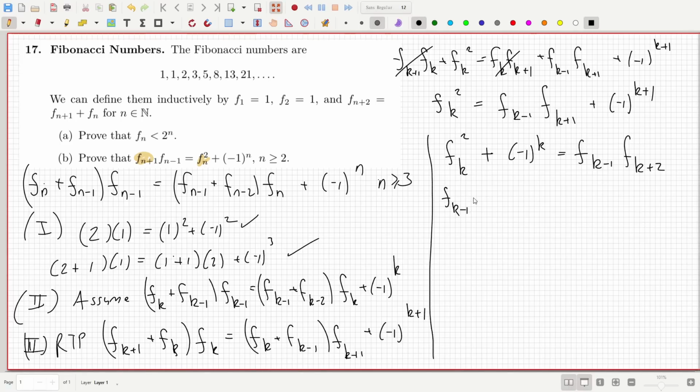Fk minus 1 plus Fk minus 2 times Fk plus minus 1 power k equals, and I can replace the Fk minus 2 with Fk plus 1 plus Fk, and then that's times Fk minus 1. Now let me just compare that. I've got that, and I've got that, and I've got that. So we've proven it.